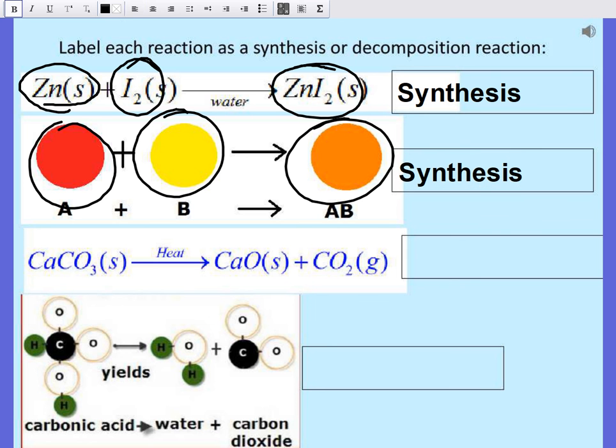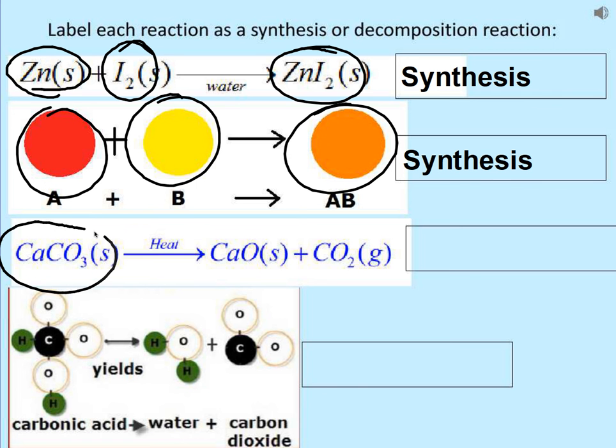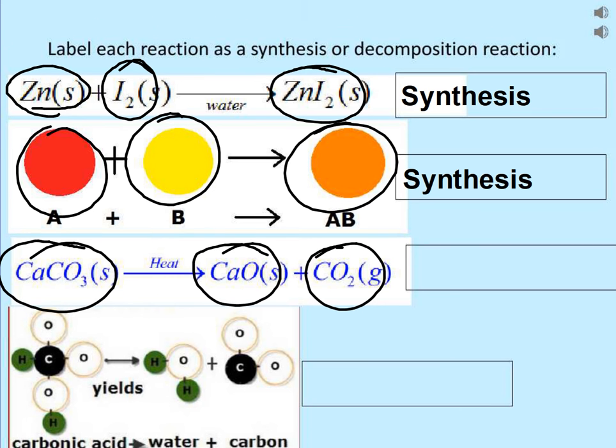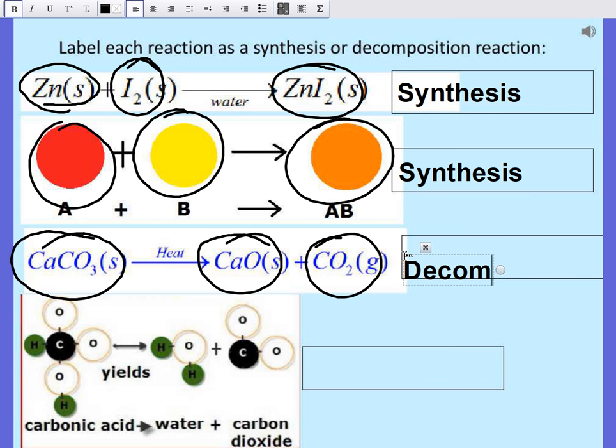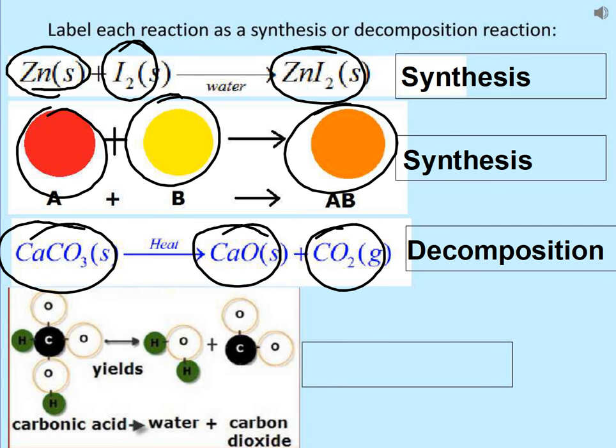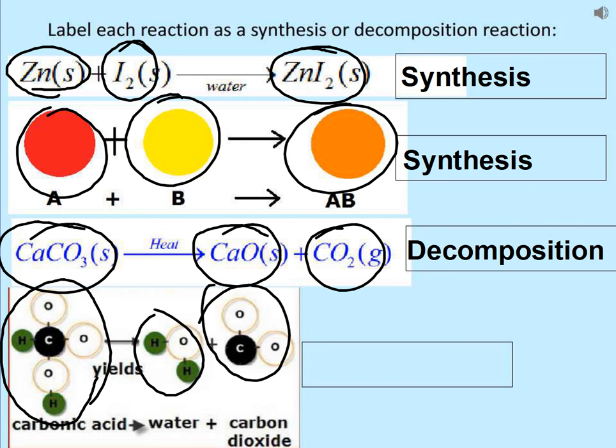And in the third one we have CaCO3 making CaO and carbon dioxide, that is one substance breaking into two. Breaking would be decomposition. And in the last one, we have carbonic acid, which is one compound making water and carbon dioxide, which is two different compounds.